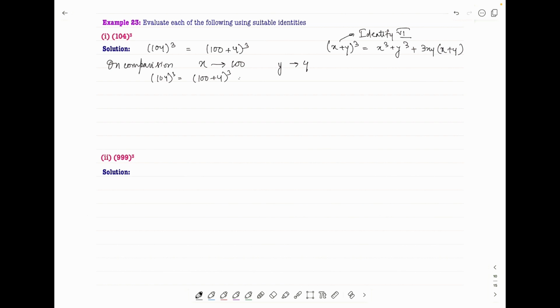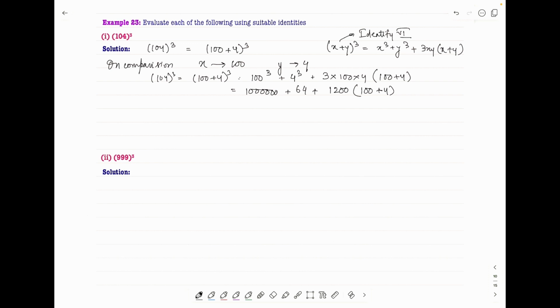This is x cube, that is 100 cube, plus y cube, that is 4 cube, plus 3 into xy, that is 3 into 100 into 4, into x plus y, that is 100 plus 4. 100 cube means 6 zeros, this is 10 lakh. 4 cube is 64. 3 into 100 into 4 is 1200, 1200 into 100 plus 4.